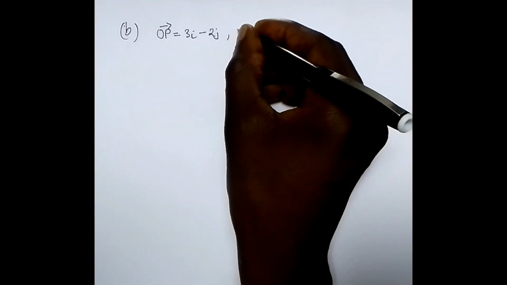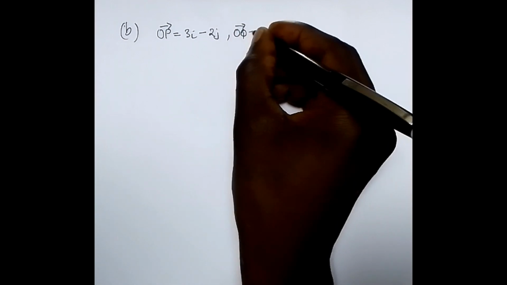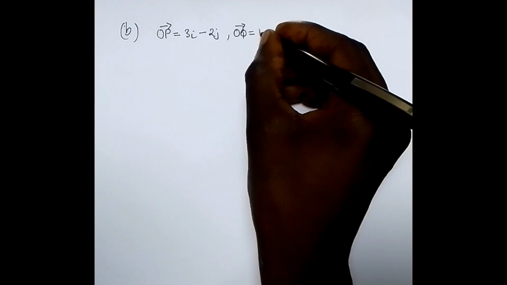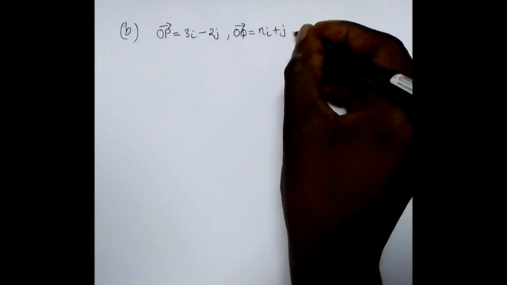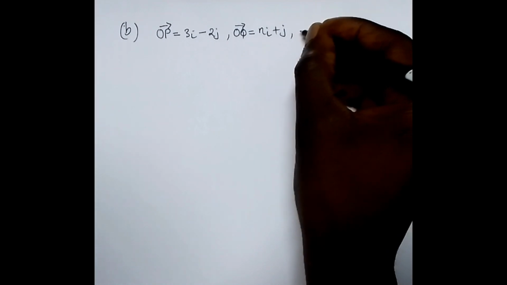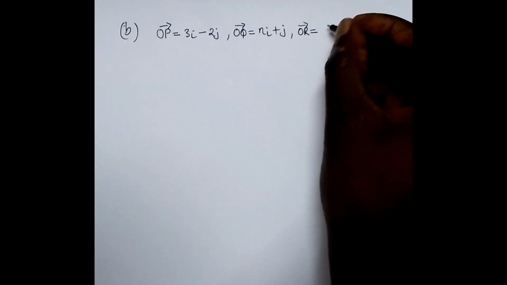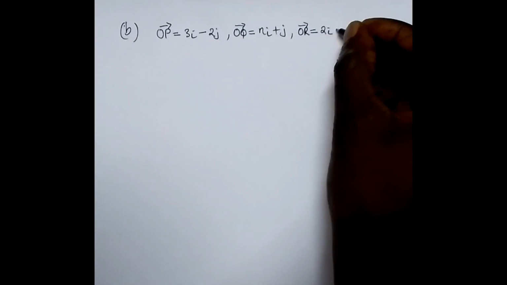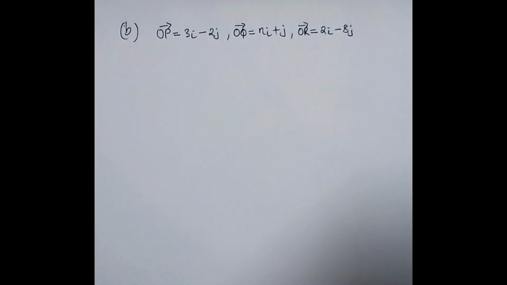Then the OQ position vector is ni plus j. Then we also have been given R, so we'll say the OR vector is equal to 2i minus 8j. So these are the position vectors of the 3 points P, Q, and R.